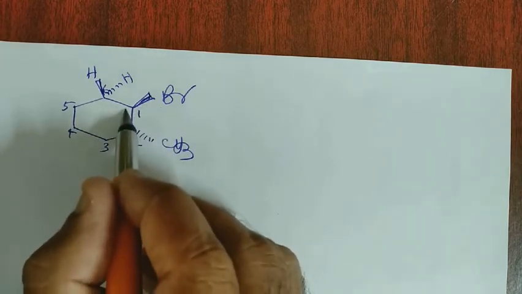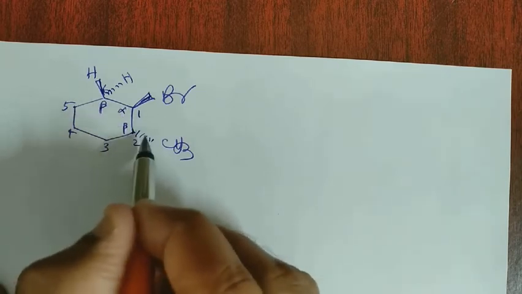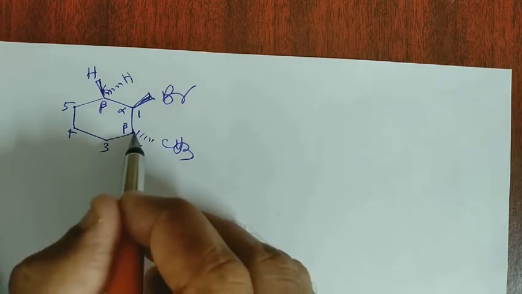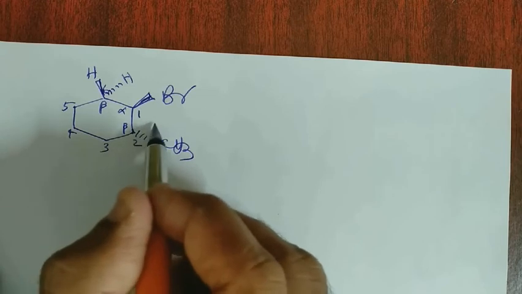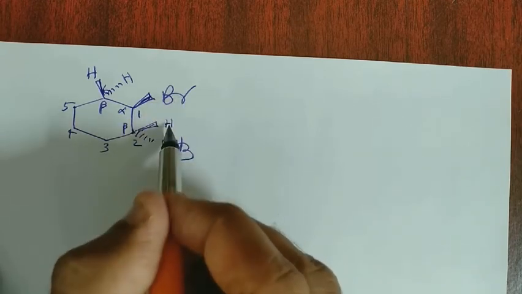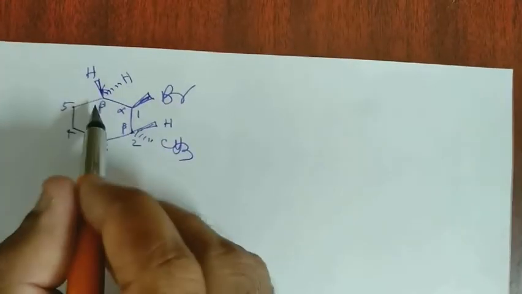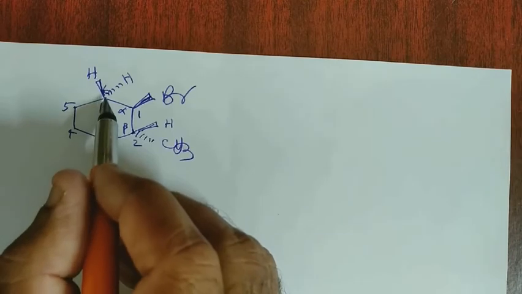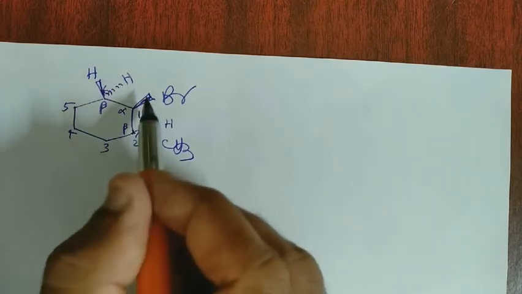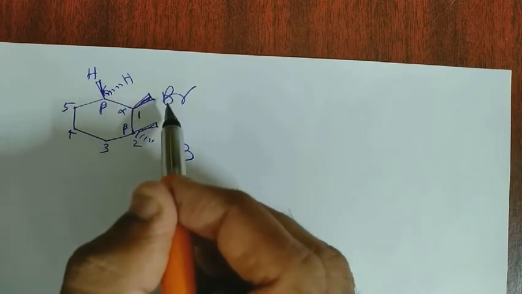In this compound, both 6th carbon and 2nd carbon atoms are beta carbons. However, the 2nd carbon atom has a hydrogen atom on the same side of bromine. Therefore, it cannot participate in dehydrohalogenation. Only the 6th carbon, it is also a beta carbon, has a hydrogen atom with a correct stereochemistry for dehydrohalogenation.